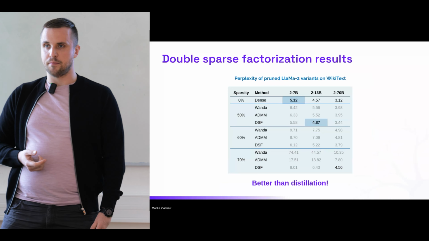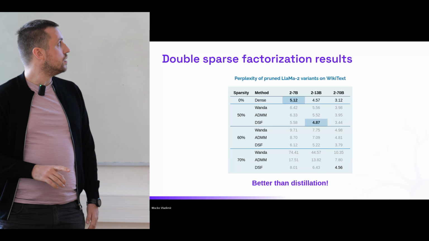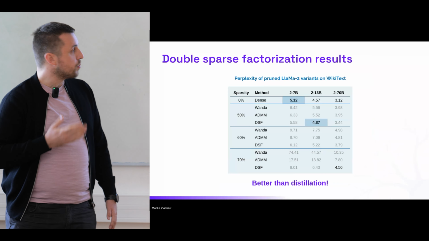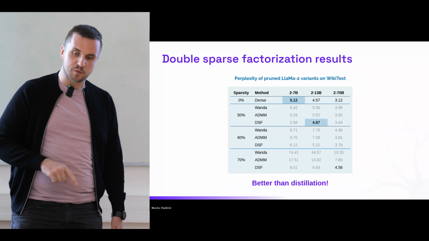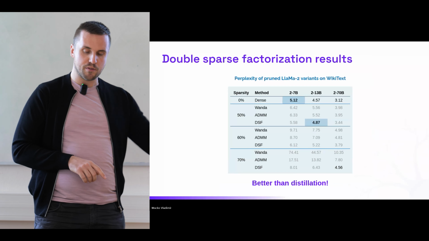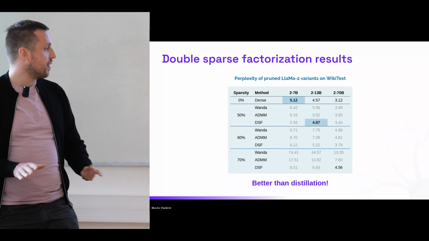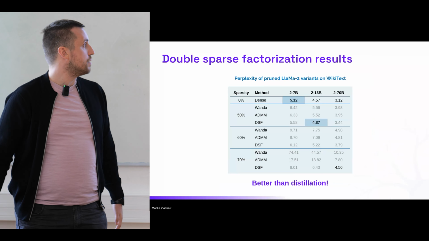However, to highlight some important results, it turns out that using this method, you can take a model like Llama 2 13b, prune it down to 50%, and you will get a better perplexity than equivalently sized Llama 2 7b, which to our knowledge is one of the first papers that achieve something like this.